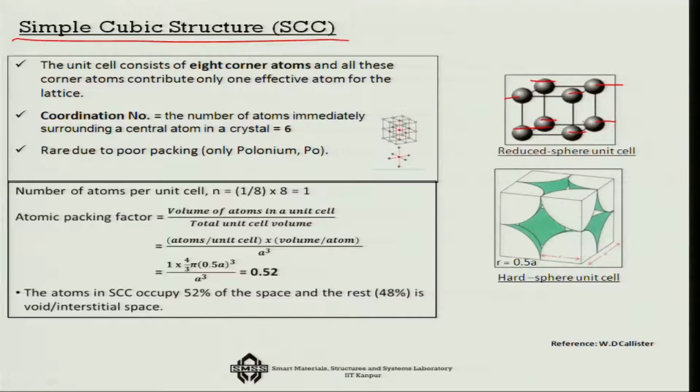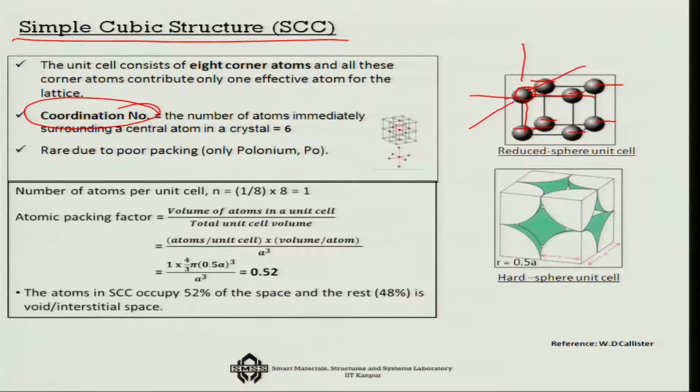So, there are 8 corner atoms, and since each atom is shared by the neighboring lattice, there are 6 neighboring lattices. Each atom is shared in direction 1, direction 2, direction 3, 4, 5 and 6. So, like that there are 6 directions. So, its coordination number, that means the number of atoms immediately surrounding a central atom, is actually 6.